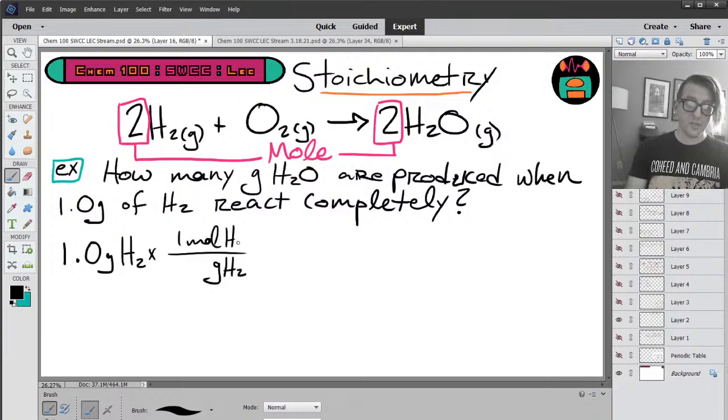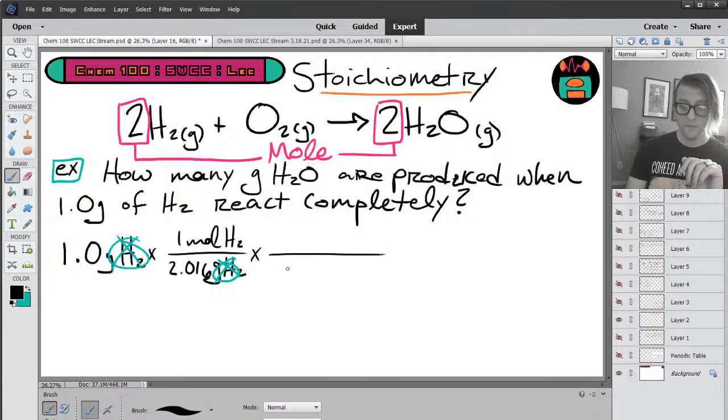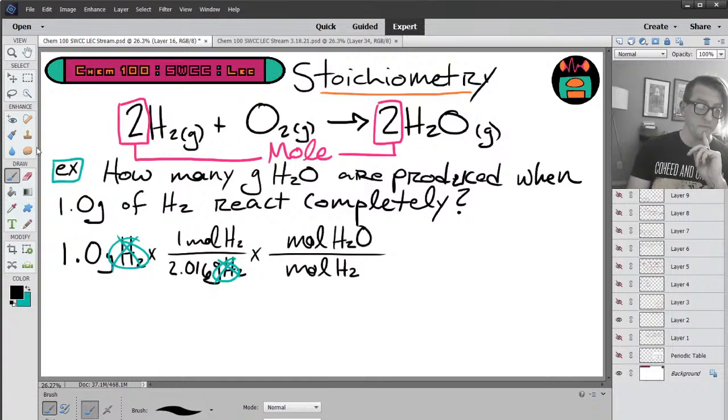Now, if you look up H2 on the periodic table, its atomic mass is 1.008. We have two of them in this molecule, so it'll be 2.016. Grams of hydrogen cancel grams of hydrogen. And now that we're in units of moles, we can use the unit conversion given to us by our balanced chemical equation to convert moles of hydrogen to moles of water.